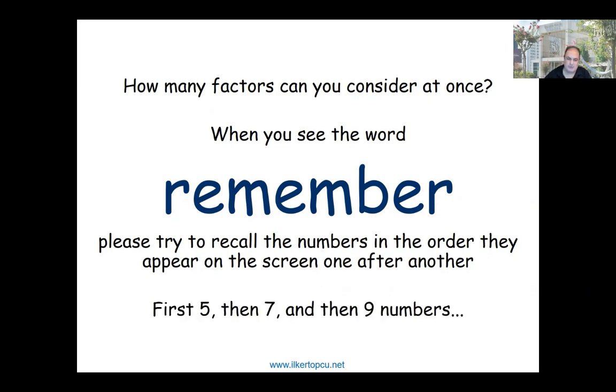We will do this experiment first with 5 numbers, then with 7 numbers, and then with 9 numbers. I hope 5 and 7 will go okay, but most of the time, especially my students, fail with 9 numbers. So if you are ready, let's try. After seeing remember, you will see some numbers appearing on the screen one after another.